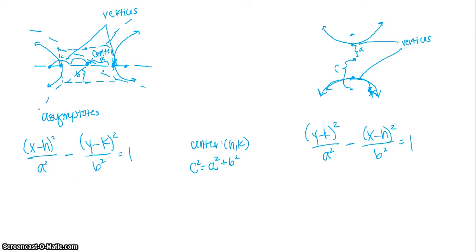Let's go ahead and look at just some formulas to keep track of everything. So asymptotes, and really we're going to do everything else on here too. So this is for a horizontal transverse axis. So again, they're going like this.